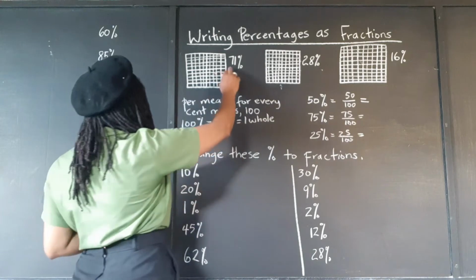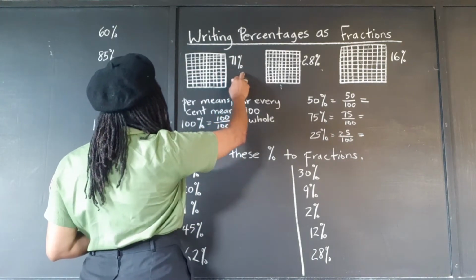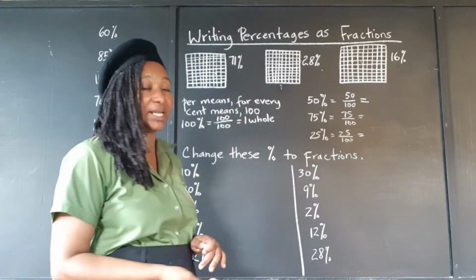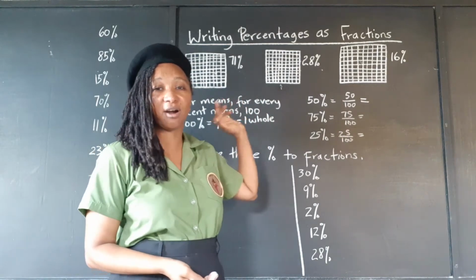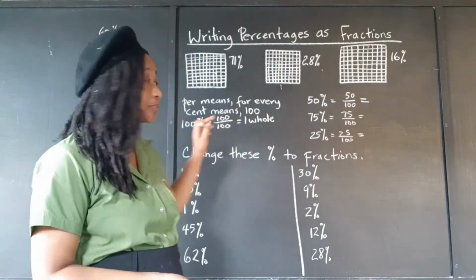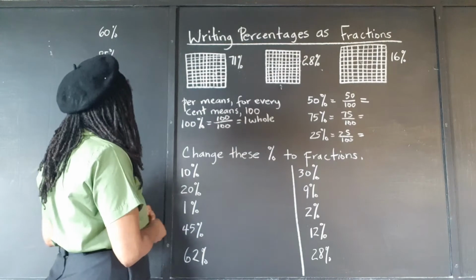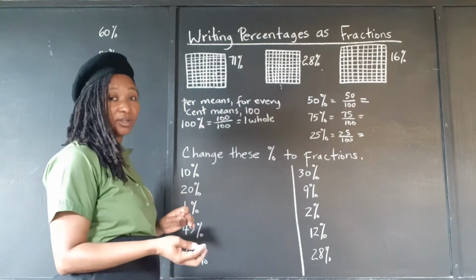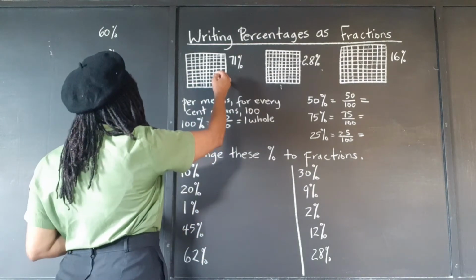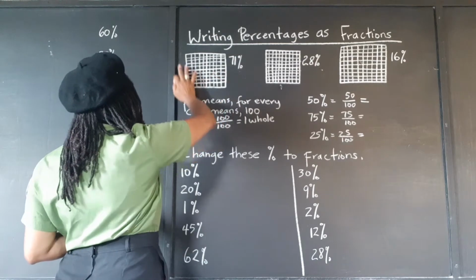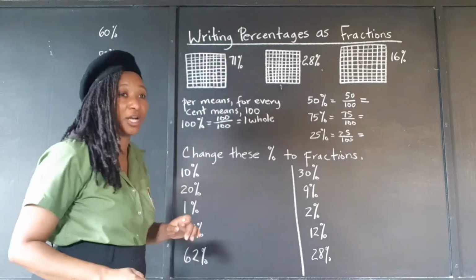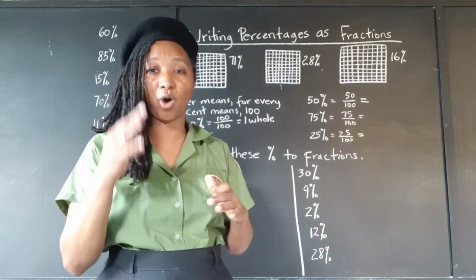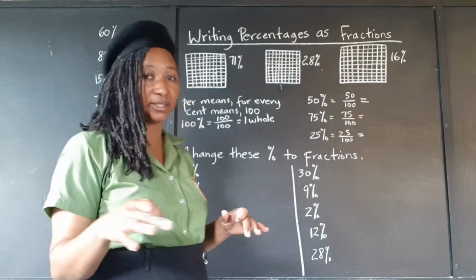So this says 71%. If we were to demonstrate 71% of this square, we would have to shade 71 of the tiny squares out of the bigger square, because remember, the big square is divided into 100 tiny squares.